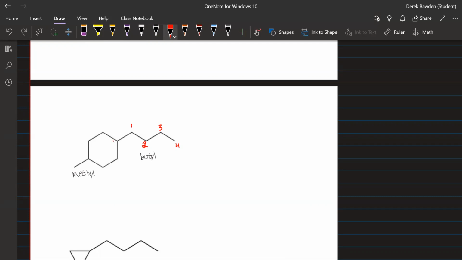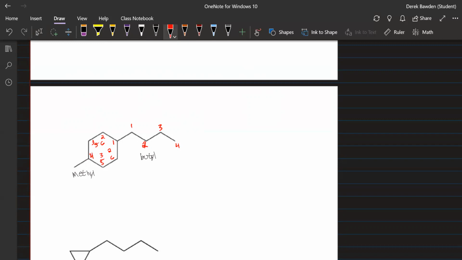So then our alphabetically first substituent is our number 1, and then we number clockwise or counterclockwise depending upon which one will give us our lowest number of substituents. This time it doesn't matter because it's directly opposite, so we can number it this way or we could number it this way. You see how 4 still lands on the same one? Okay.